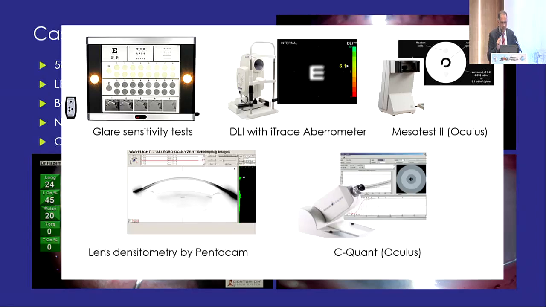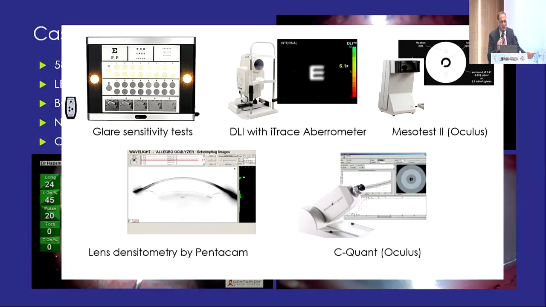The dysfunctional lens index with the iTrace is okay. The MesoTest, which is usually used for driving, and another one by Oculus, the C-Quant, is very close, which measures the stray light.